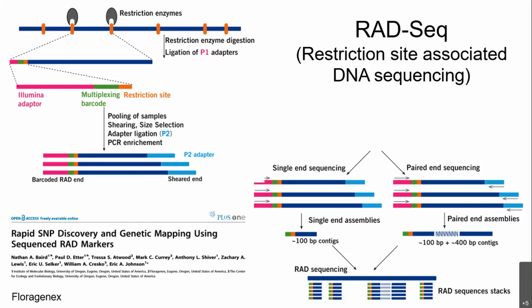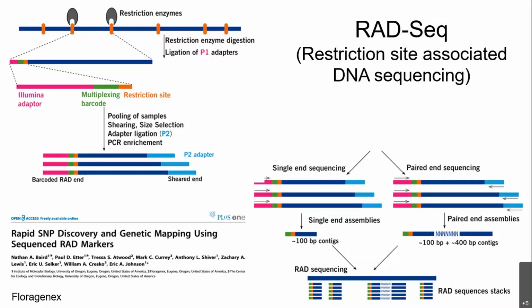The restriction sites are those orange bars, and your restriction enzymes go to those sites and cleave the genome in those locations. You ligate adapters and barcodes onto it, so you'll be able to pair that read back to the individual you got it from. After all that's ligated and pooled together, you can sequence it either single end or paired end.